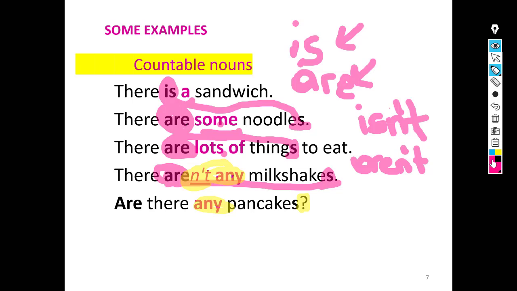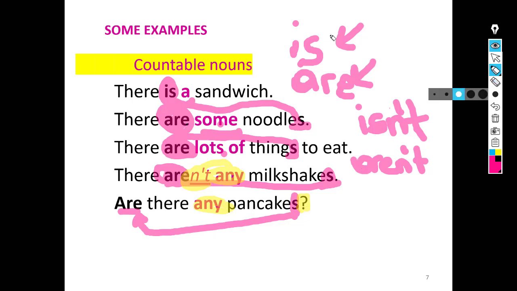Is it singular or plural? Yes, it is plural because we have got s here. So it means it's a question form. Are. We use are at the beginning of the question. Are there any pancakes? It is plural. We use are at the beginning of the sentence because it is question form.